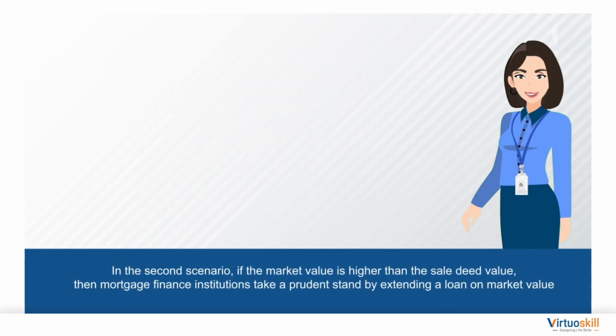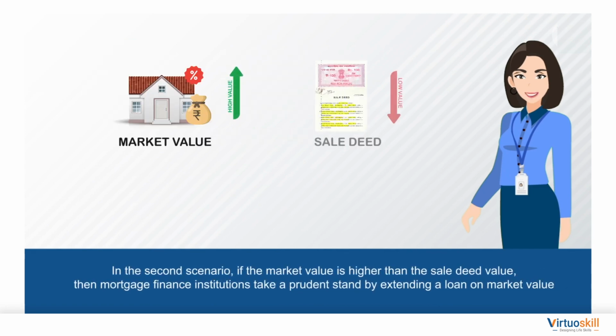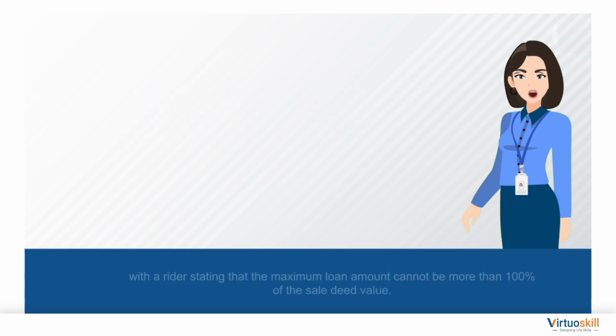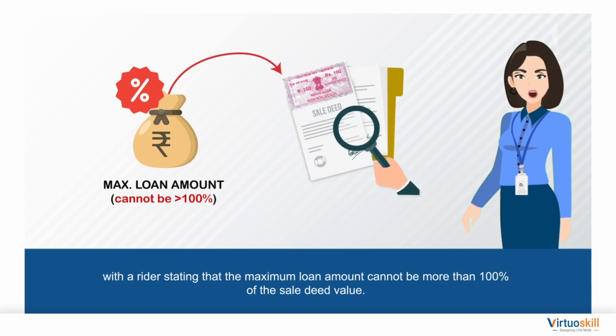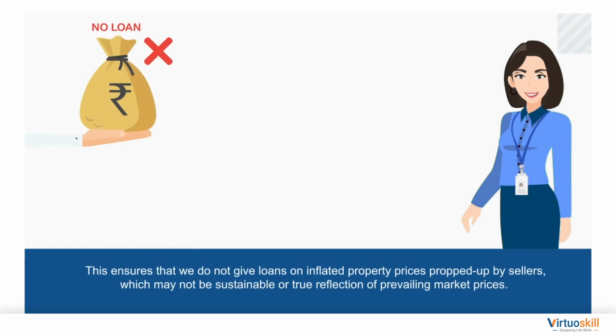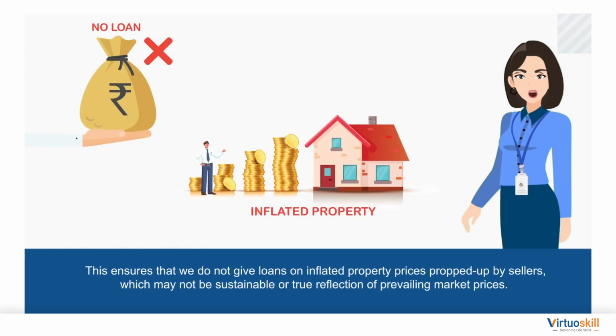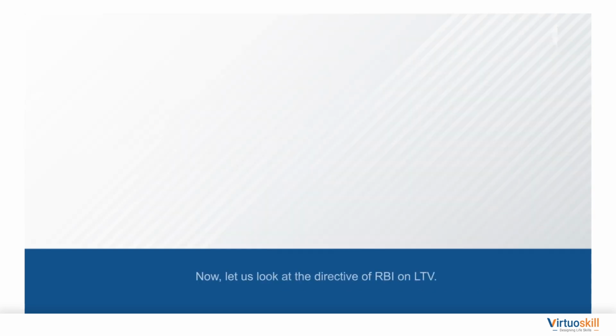In the second scenario, if the market value is higher than the sale deed value, then mortgage finance institutions take a prudent stand by extending a loan on market value with a rider stating that the maximum loan amount cannot be more than 100% of the sale deed value. This ensures that we do not give loans on inflated property prices propped up by sellers, which may not be sustainable or a true reflection of prevailing market prices.